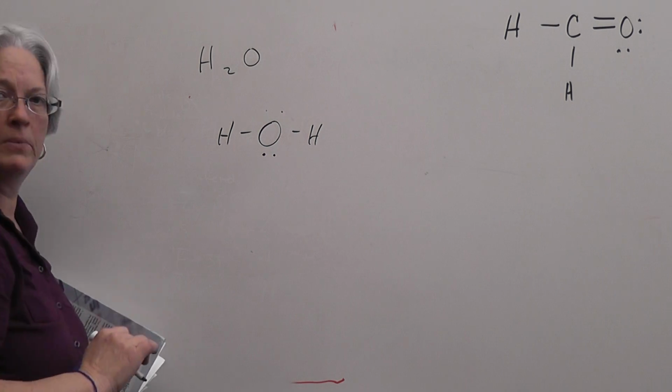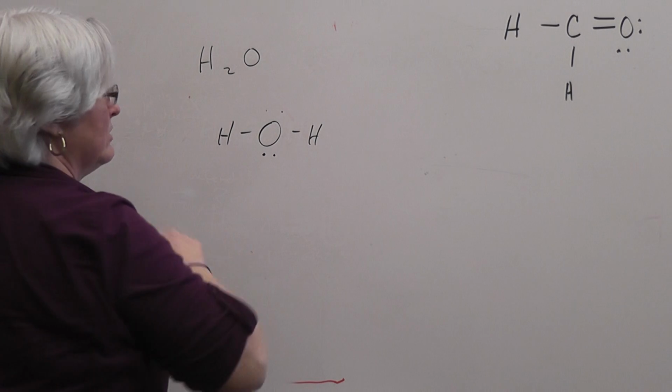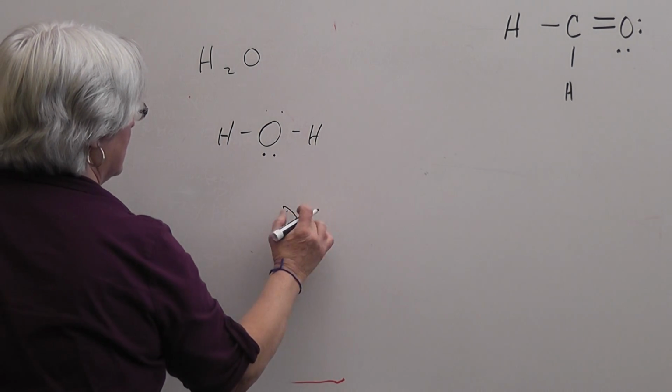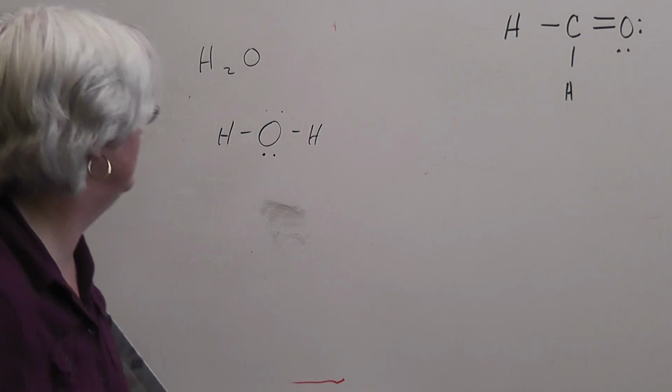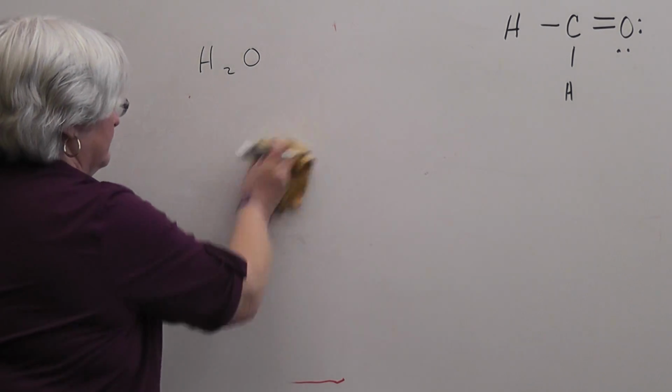However, what would happen if, instead of having two hydrogens, you only had one? Well, you would have a very smeary board if you tried to keep on erasing it.